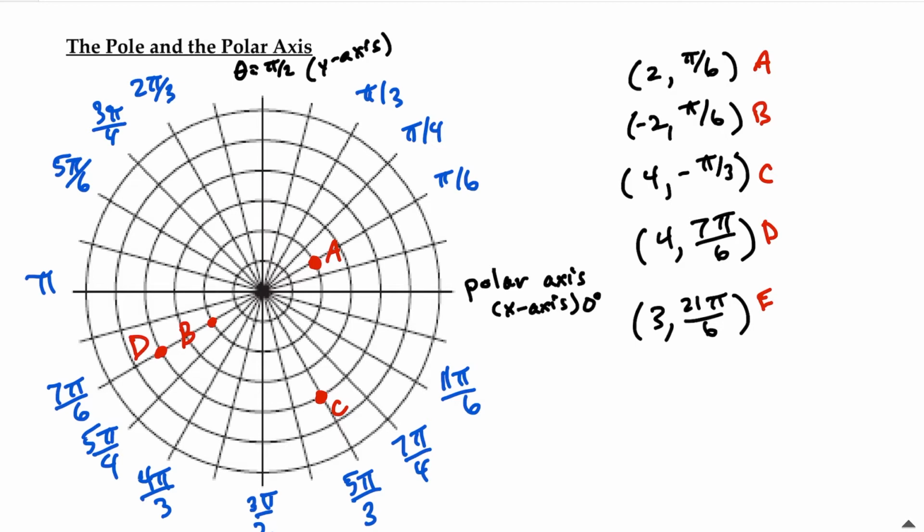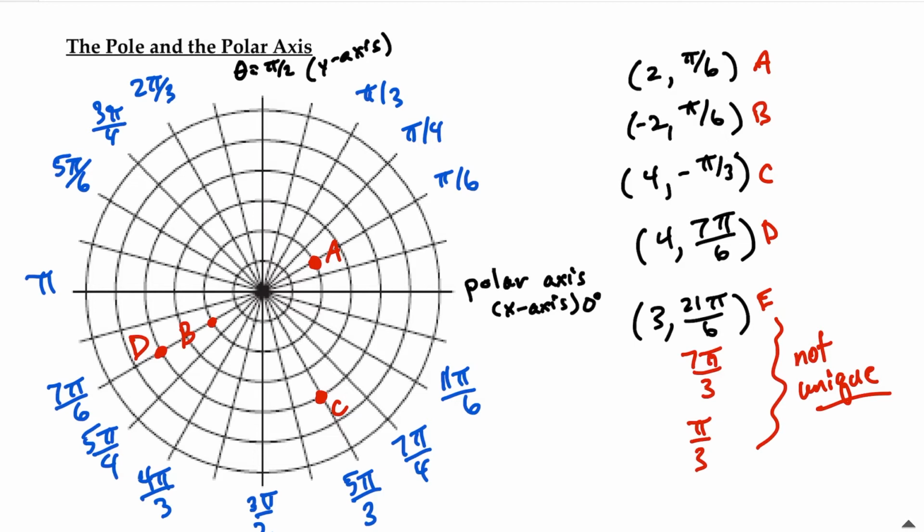And then E is 21 pi over 6. So we'll note that that is the same as 7 pi over 3. So we can reduce that. But 7 pi over 3 is the same as pi over 3, right? We've got coterminal angles. So the key idea here and with these other points is that they are not unique, right? Every point can be represented in an infinite number of ways just by over-rotating coterminally as many times as we want.